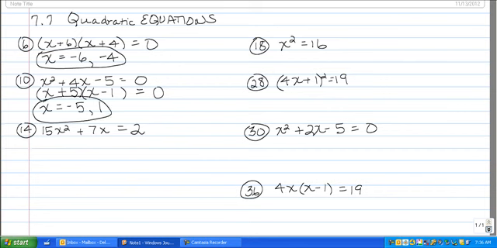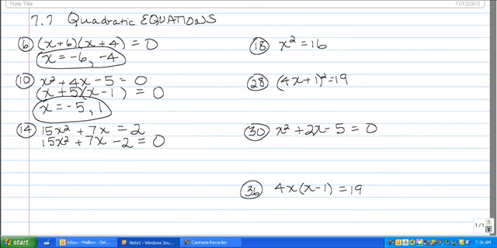Okay, in number 14, we're doing the same thing again. First of all, though, we notice we don't have a 0, so we can't use the zero factor property until we get it equal to 0. So that's what I'm going to do first, is subtract 2 from both sides so we get a 0 on the right.